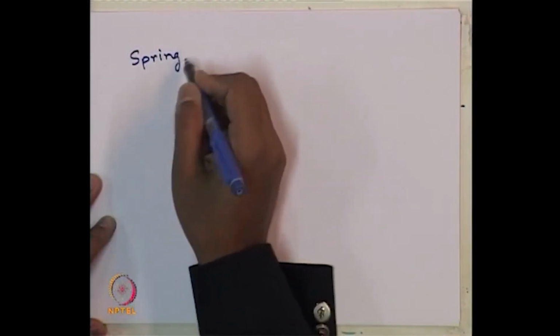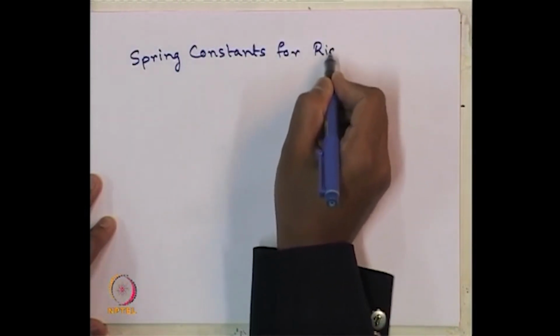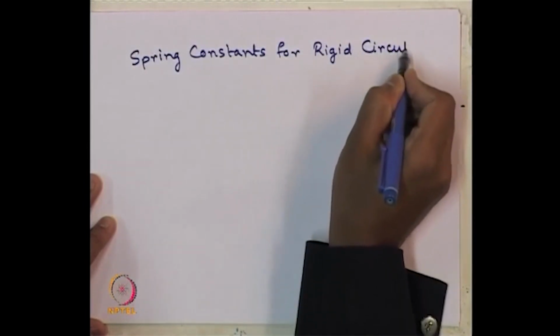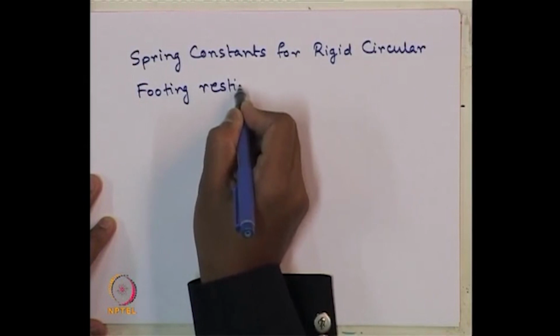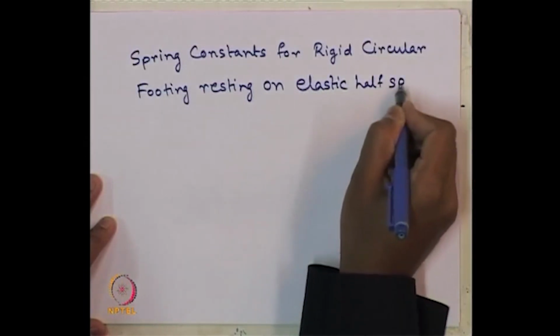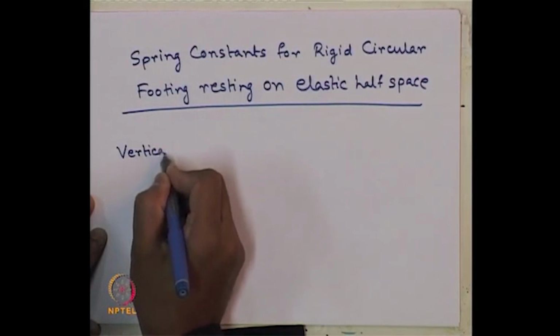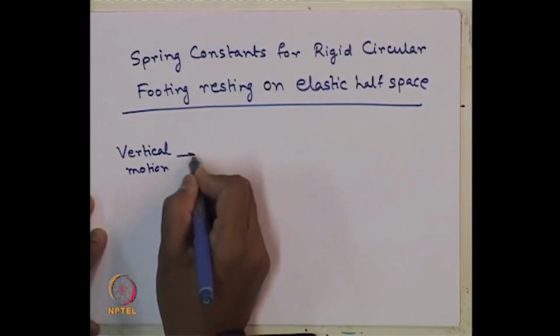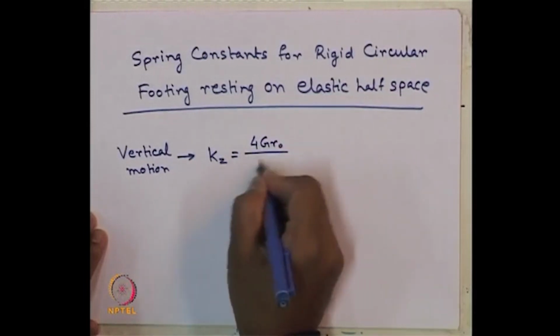Let me give you the expressions for spring constants for rigid circular footing resting on elastic half space, which can be calculated for different modes of vibration, like for vertical motion it is called Kz, which is given by 4 g r naught by 1 minus mu.